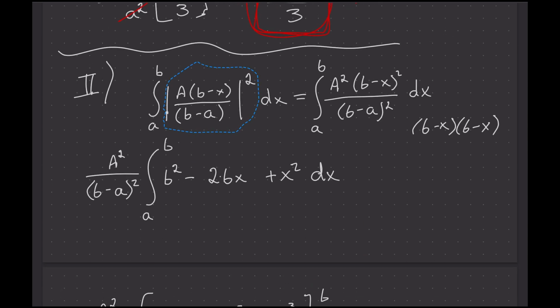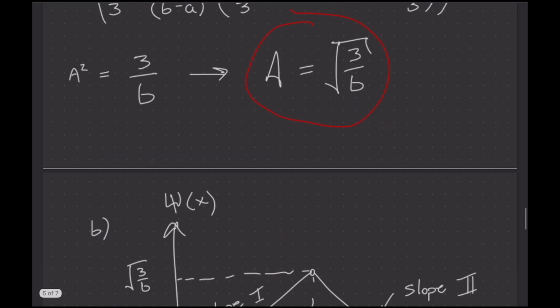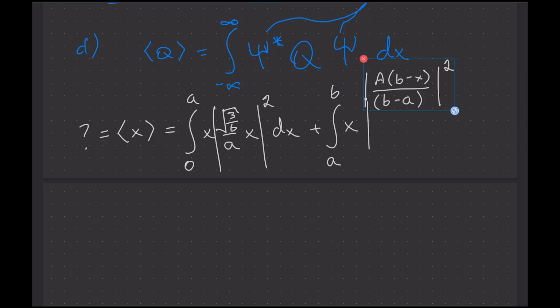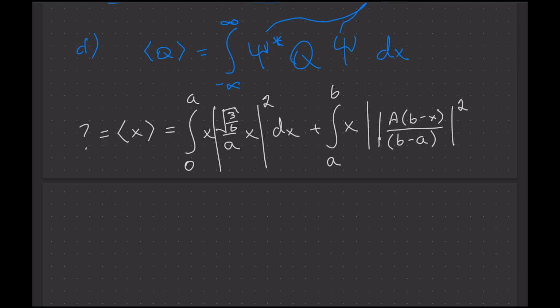So take this, copy that, go down here, paste that, and then we can make it clean, erase that, erase this, erase a, replace a for square root of 3 over b. Okay, now here we have a dx.